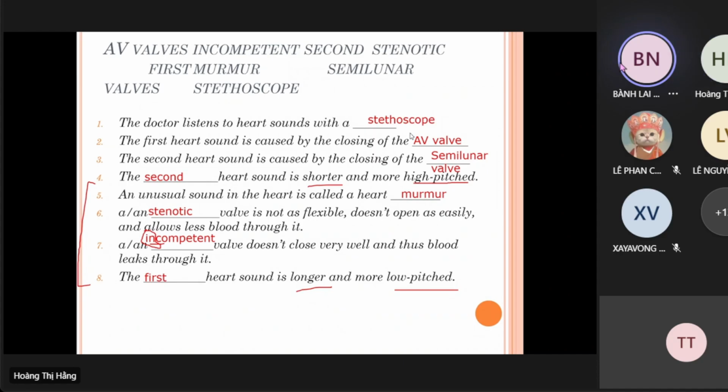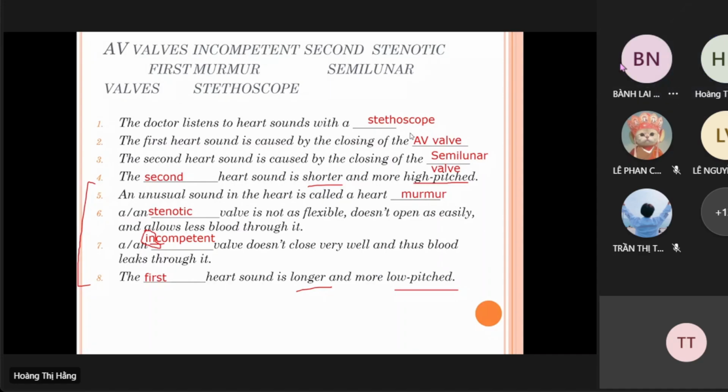And the EKG allows the healthcare professional to study how the heart electrical signals are being transmitted along the conduction system. Yeah, the purpose of EKG is to listen to the electrical signals in the heart, right? Vậy cái từ khóa của mình sẽ là electrical signals in the heart, in the conduction system.